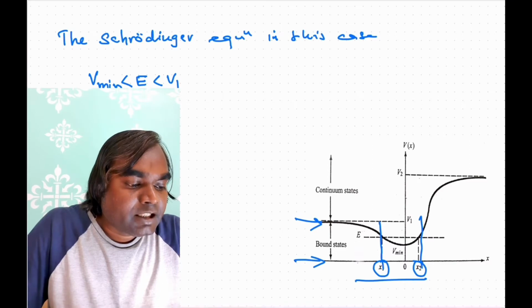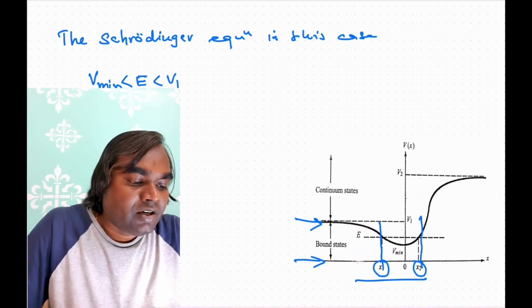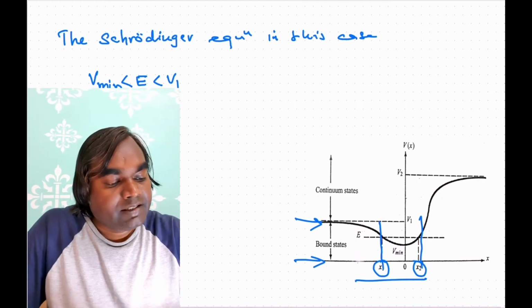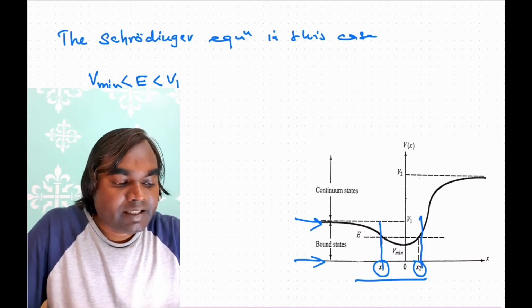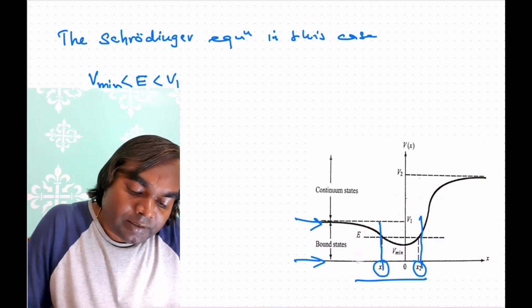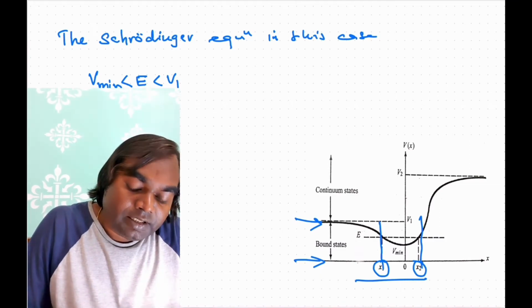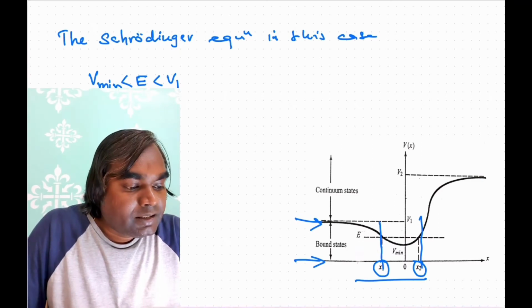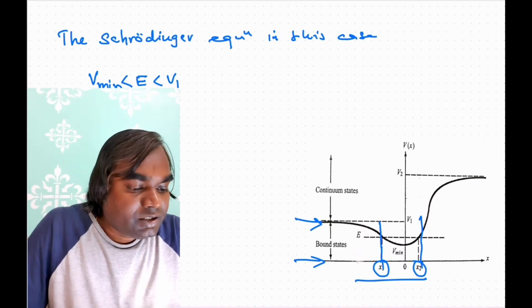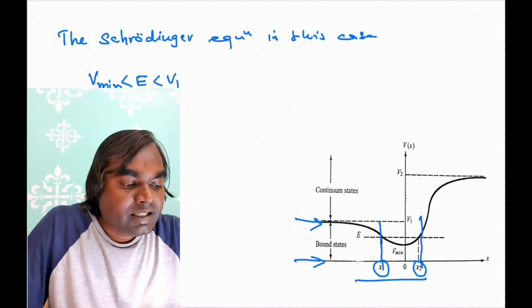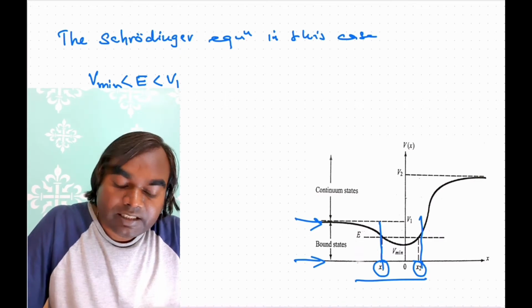The states corresponding to this energy range are called bound states. They are defined as states whose wave functions are finite or zero as x tends to plus or minus infinity. So at these positions, the wave functions are finite or zero. Usually, bound states have energies smaller than the potential.